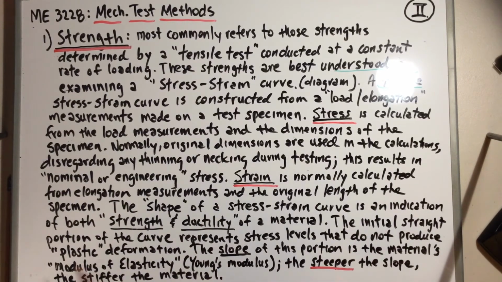And the initial straight portion of that curve, specifically on metals primarily, represents stress levels that do not produce plastic deformation. Within that straight line portion of that curve, which I'll draw here in a minute, the straight line portion is basically elastic deformation, where beyond that you begin getting to plastic deformation. So the slope of this portion of that straight line of the materials is called the modulus of elasticity, or Young's modulus.